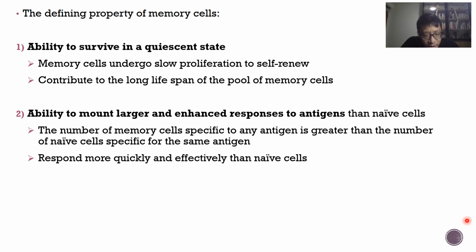This is because the number of memory cells for the particular antigen will be larger than the number of naive cells. Let's take B cells as an example. You have different naive B cells with different B cell receptors that recognize different epitopes. This is what we discussed in the previous lecture.